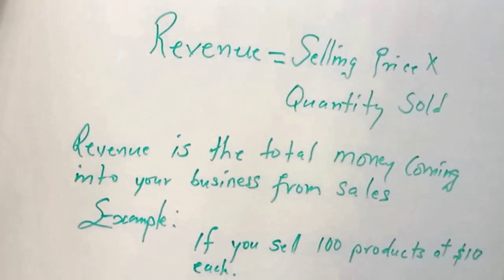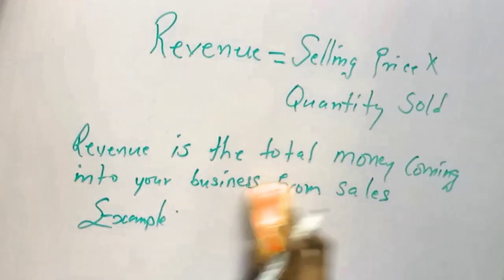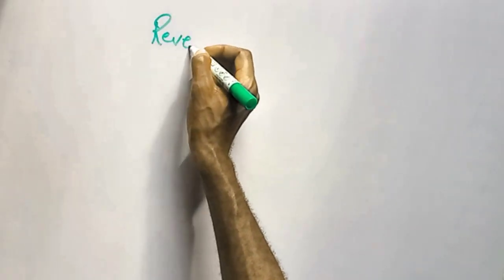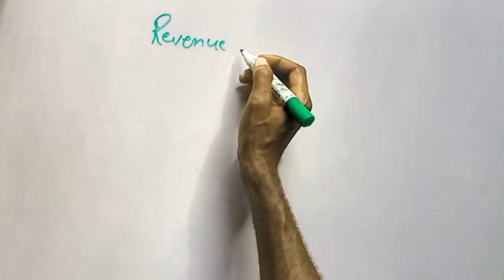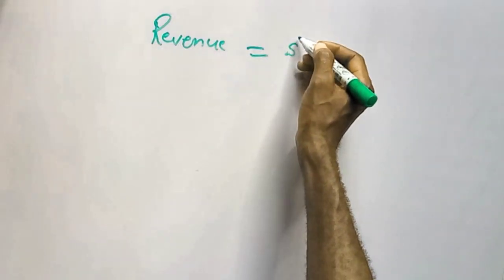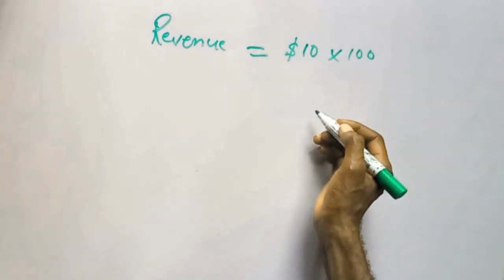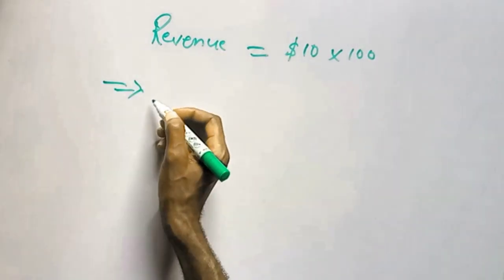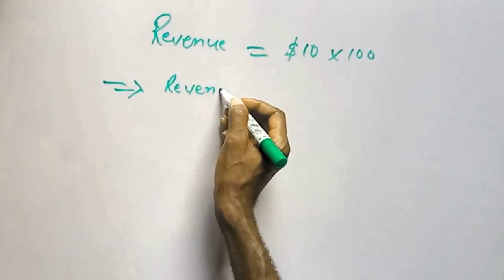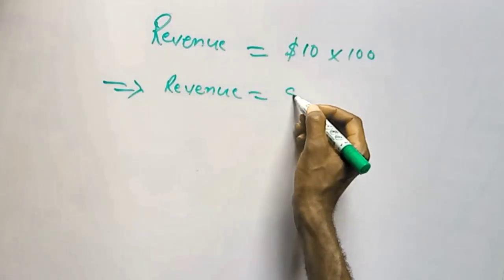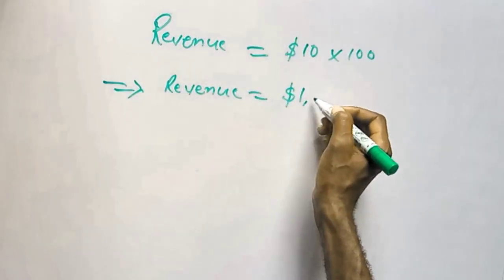If you sell 100 products at $10 each, to calculate the revenue, you say revenue is equal to $10 times the 100 products, meaning revenue is equal to $1,000.